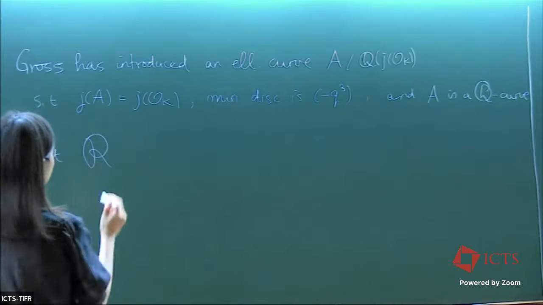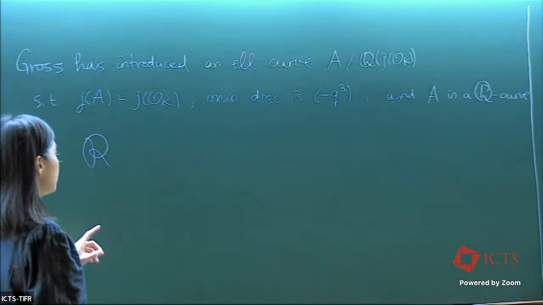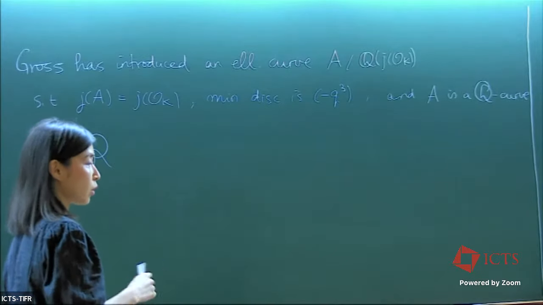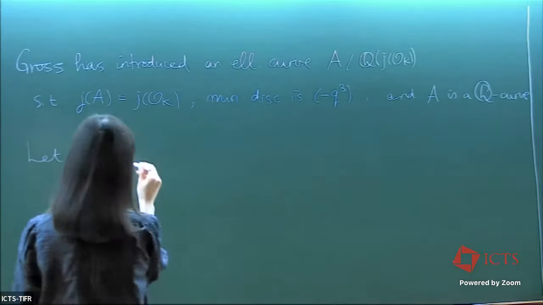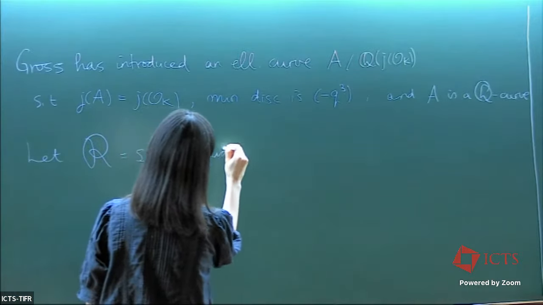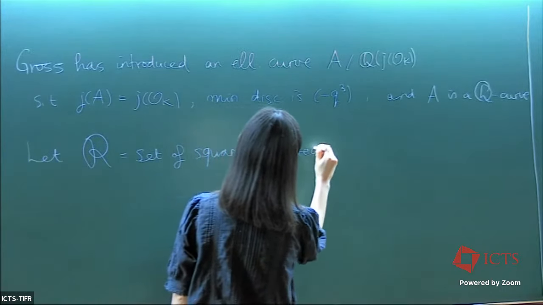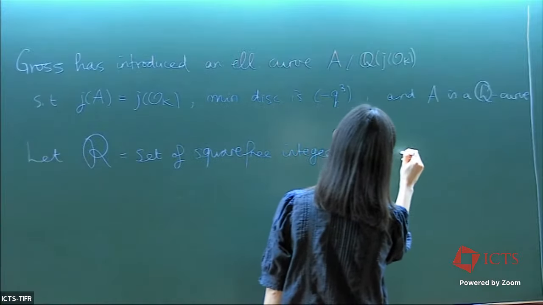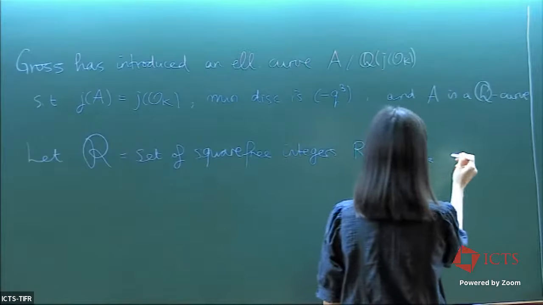Let this curly R be the set of square-free integers such that each prime divisor is congruent to 1 modulo 4 and is inert in K. The small r_i's are distinct prime numbers.